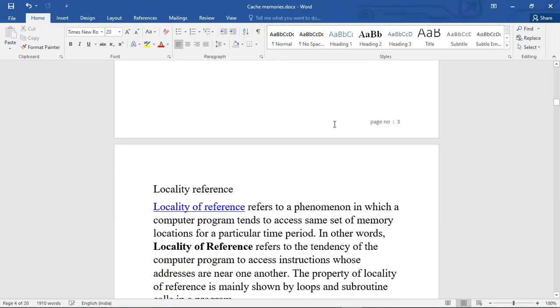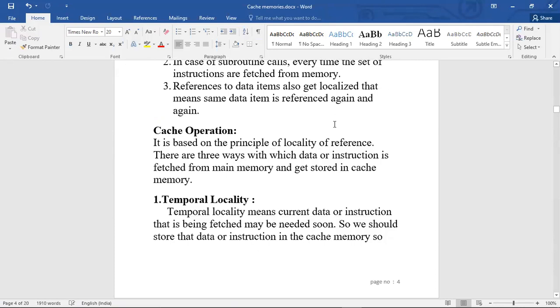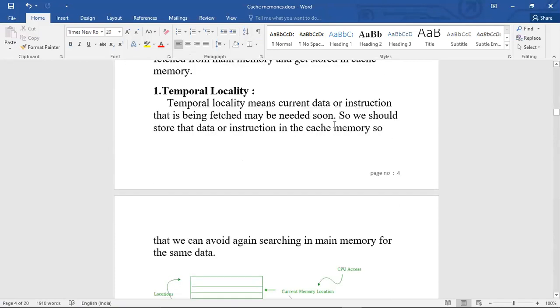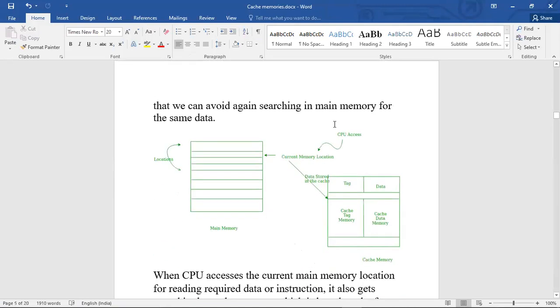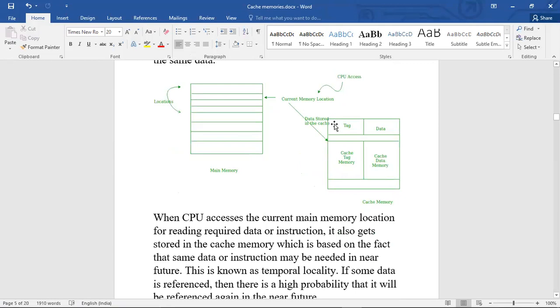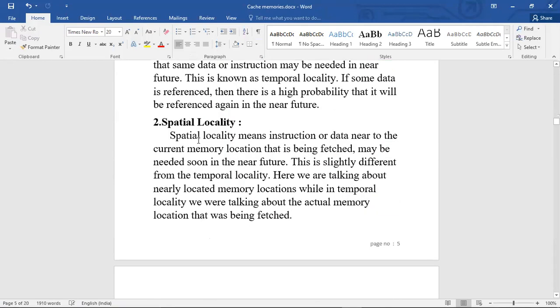Within localities, we discussed three ways. One is temporal locality, which means the data may be stored only temporarily. It can't be stored permanently. Whenever the CPU tries to access that data, it is given to the CPU. The second one is spatial locality, where the nearest memory locations' data may be fetched.